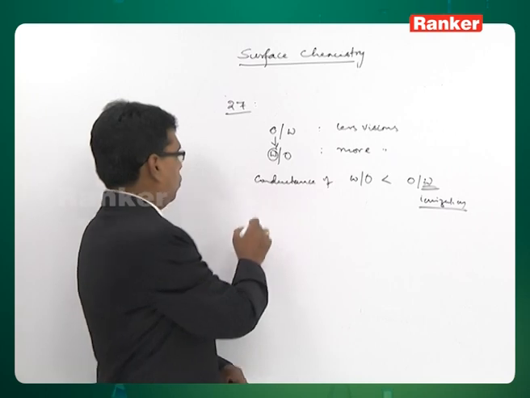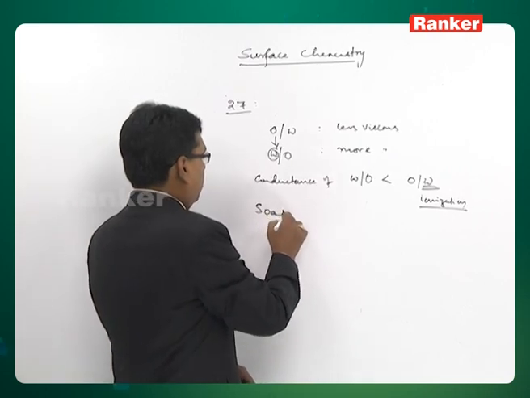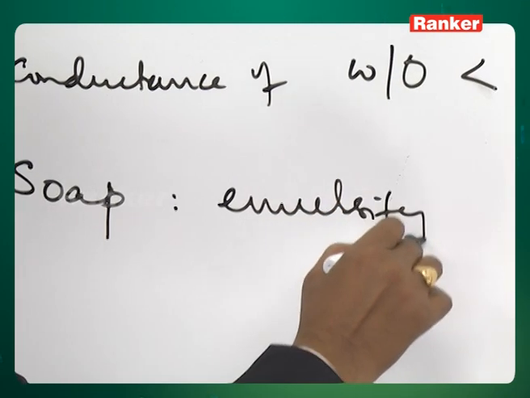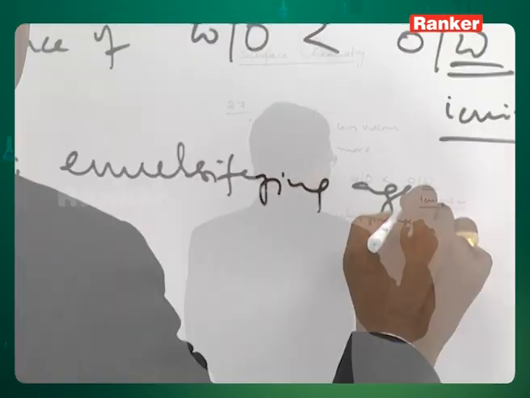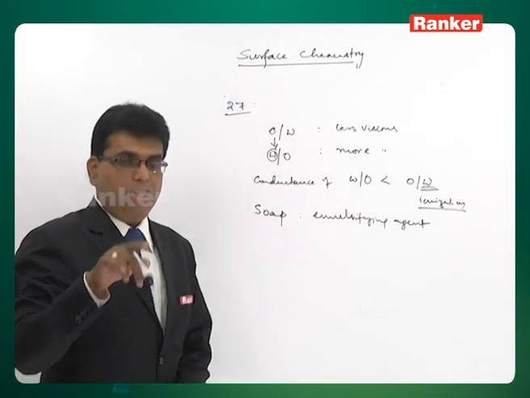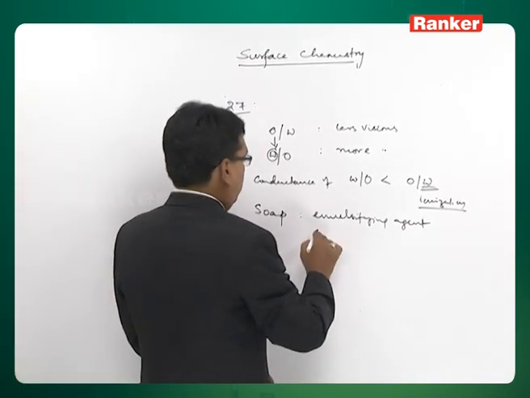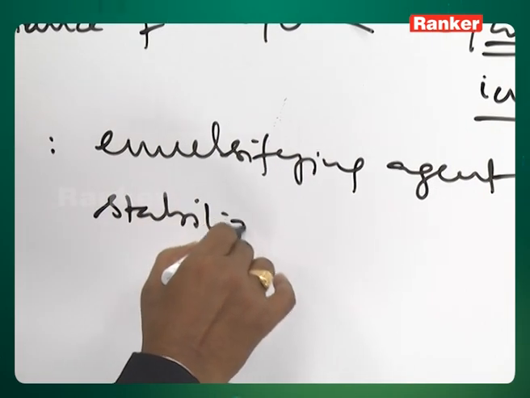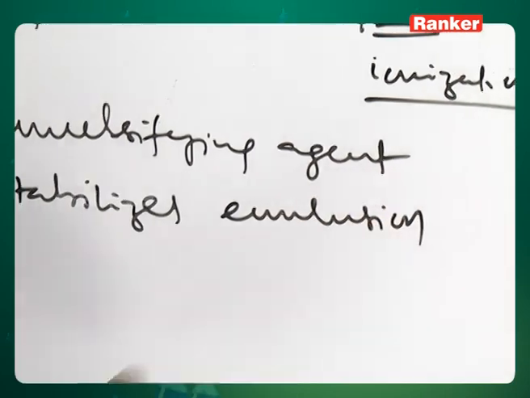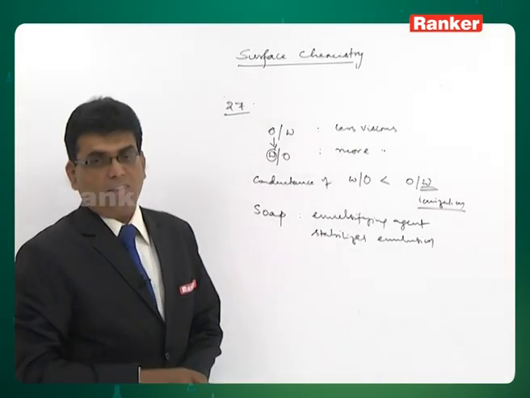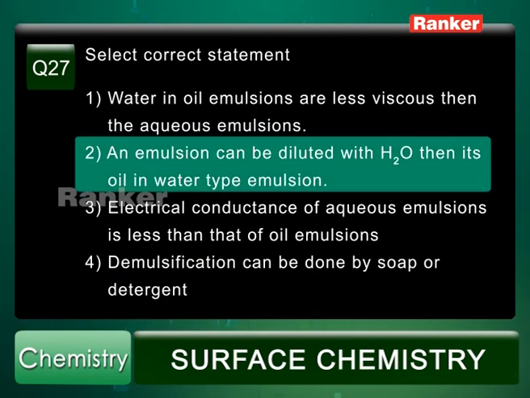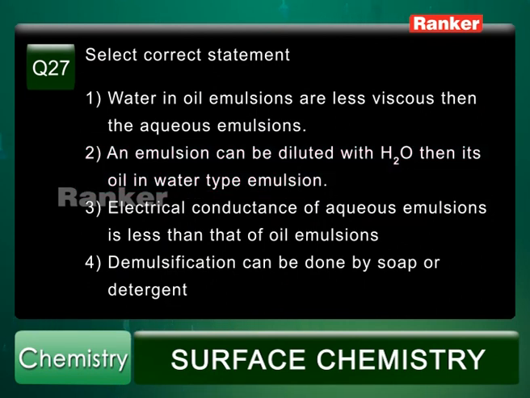Soap is not de-emulsification, soap is an emulsifying agent, which means it leads to emulsification, not de-emulsification. Soap stabilizes emulsion. So, finally the correct answer is option 2.